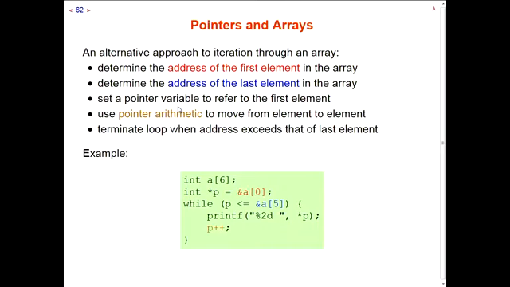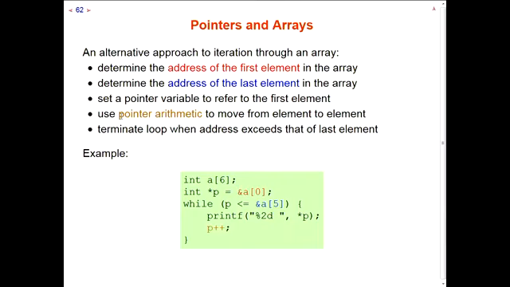When you have arrays, there are actually two equivalent ways of iterating through these arrays and accessing the individual elements. Instead of using a for loop that uses the standard index, for i equals 0 to i smaller than maximum, another possibility is to determine the address of the first element of the array, determine the address of the last element, and then use a pointer that scans through the array.